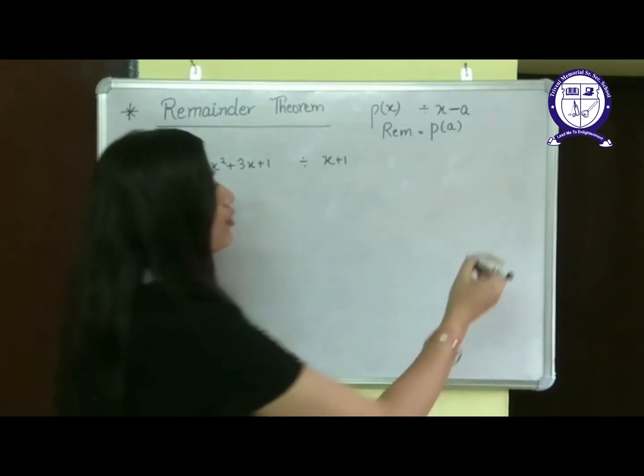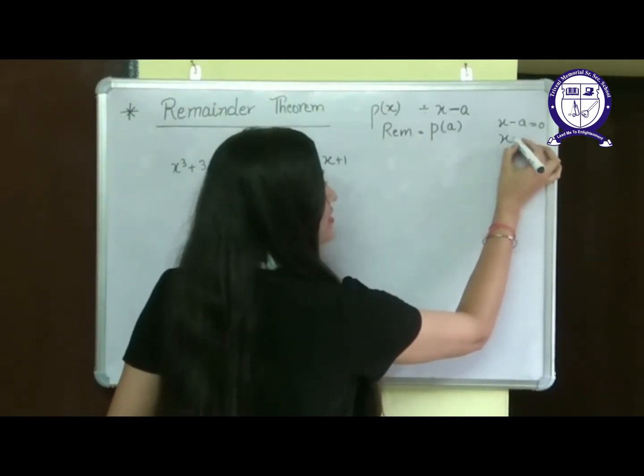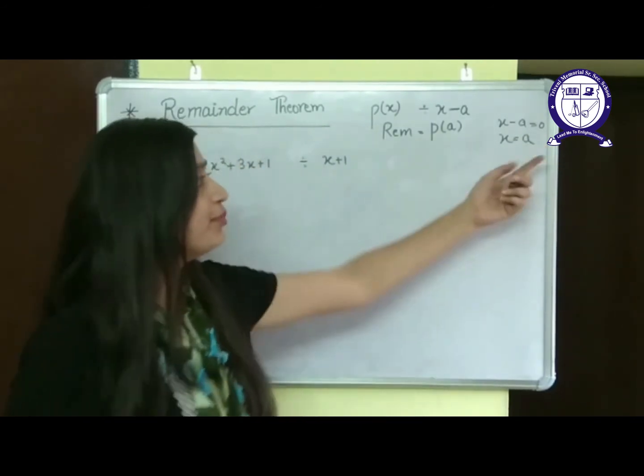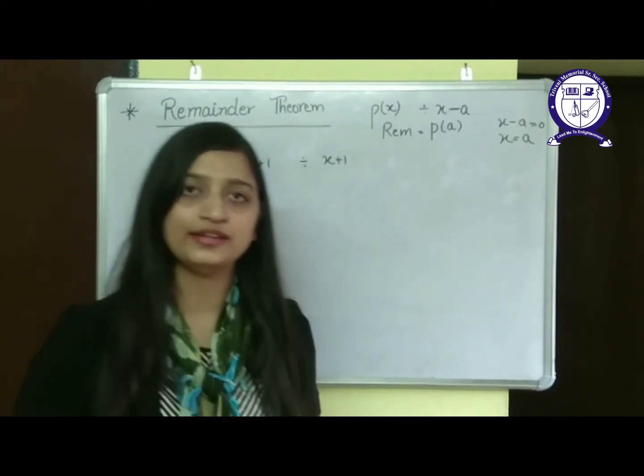That is, if I put my x minus a equals to 0, I will get x equals to a, and then I will put this a in my polynomial and I will get the remainder.